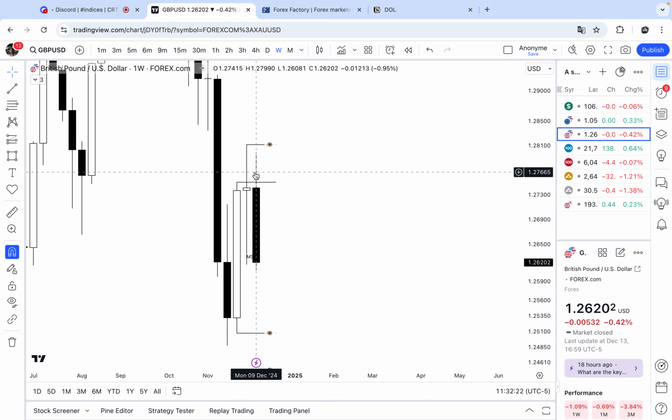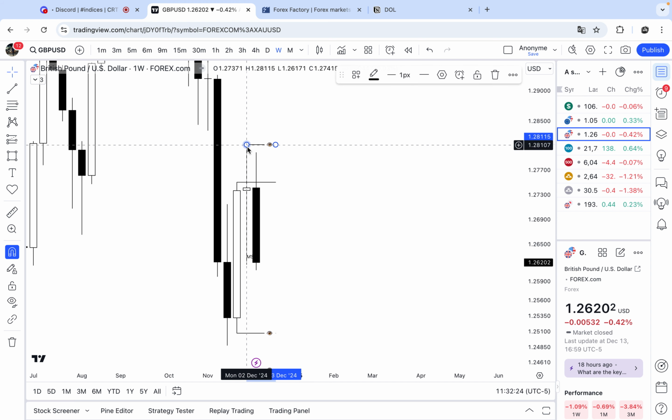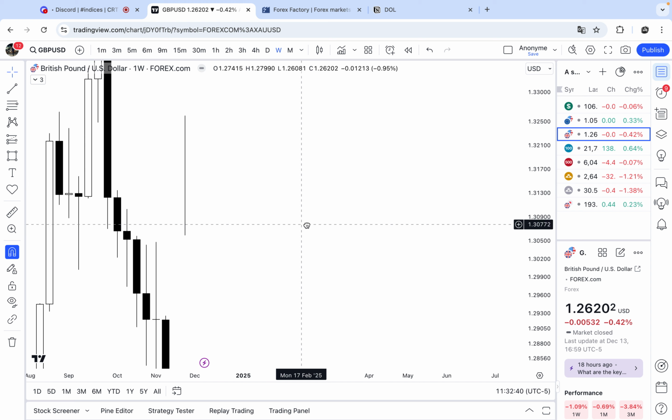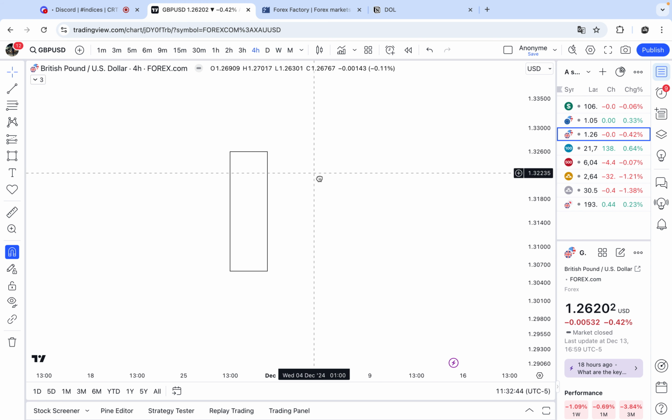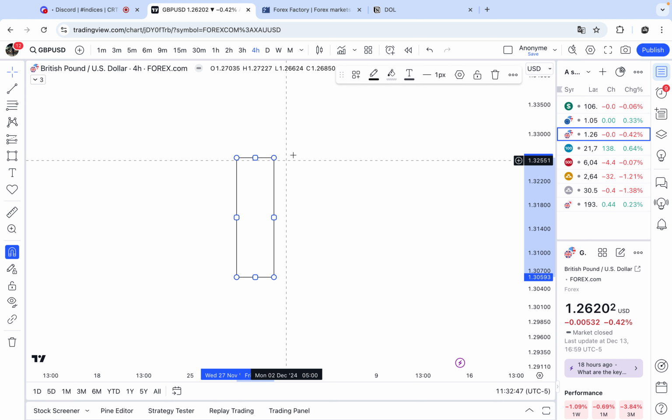But if you want to enter here on this wick, this is what I'm doing. My entries are way up here at this wick all the time. And how do I do it? Be ready. If you're holding the trade, you need to expect that price will possibly come back to your entry.